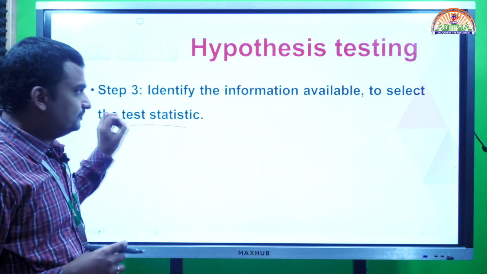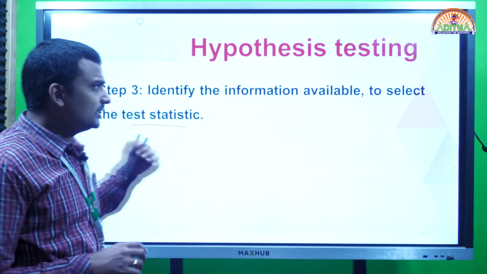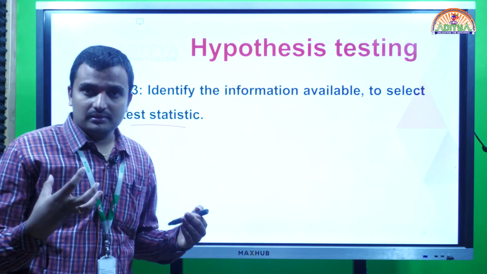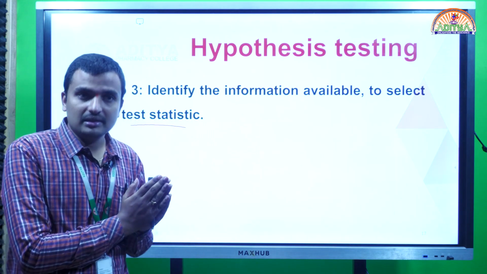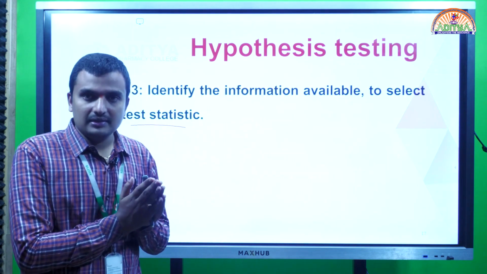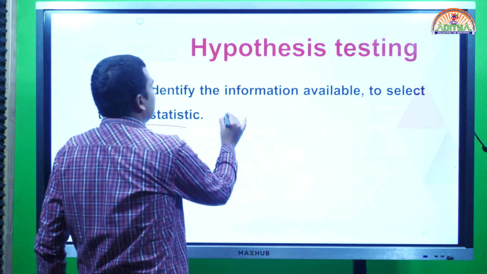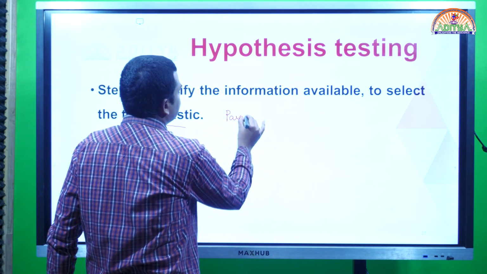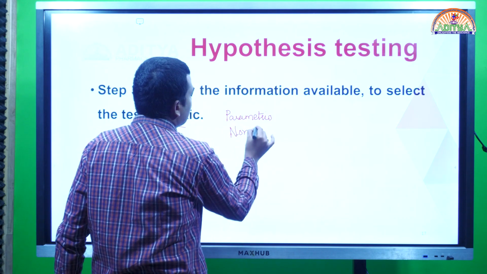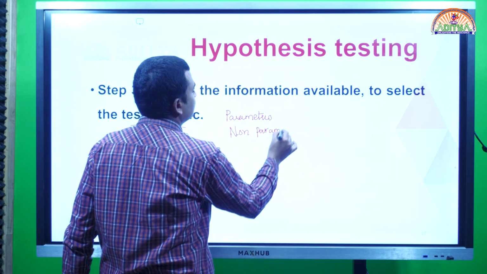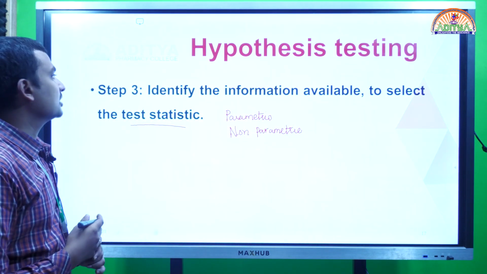Here we are testing the hypothesis based on the sample means. So if the data is in nominal scale, we perform parametric tests, and if the data is in ratio scale, we perform non-parametric tests. Parametric and non-parametric are the two types of statistical tests we use for hypothesis testing.